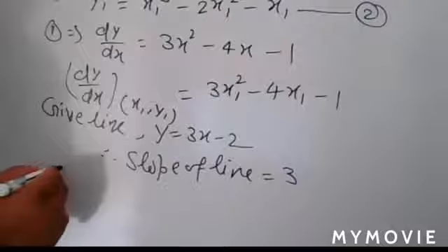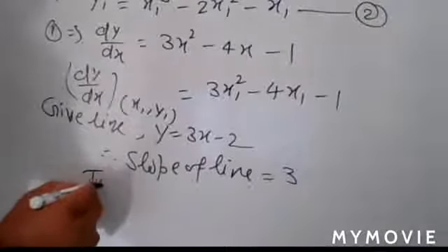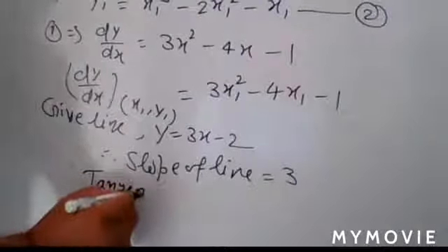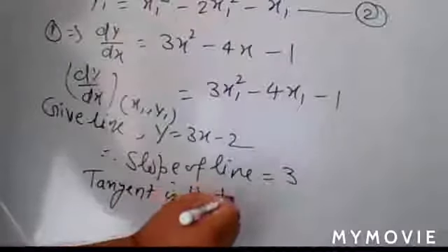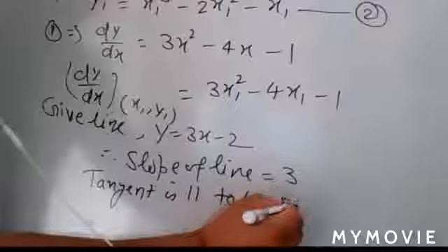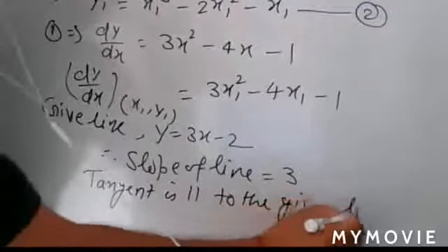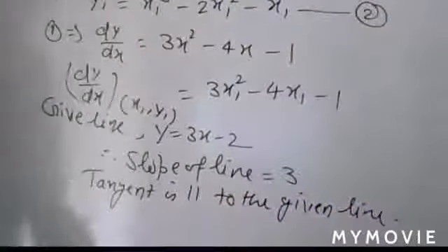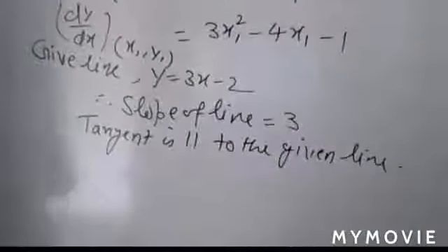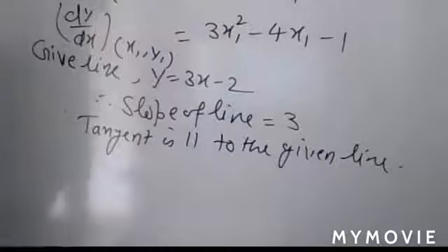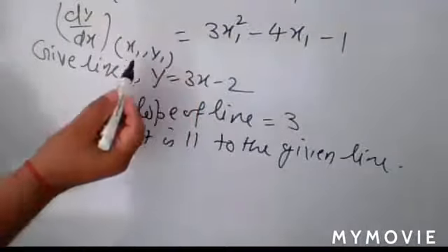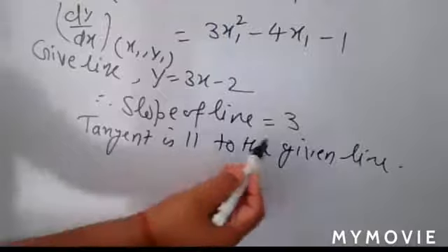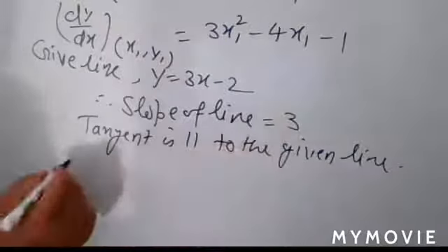So applying the result, since the tangent is parallel to the given line, the value of dy by dx at the given point and the slope of the line are both equal.